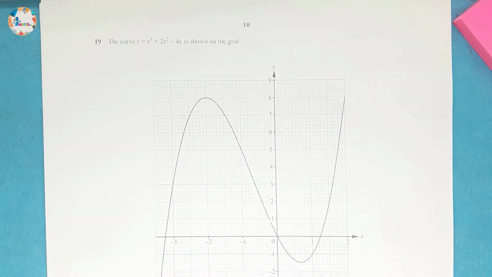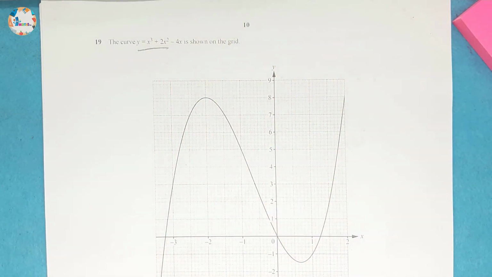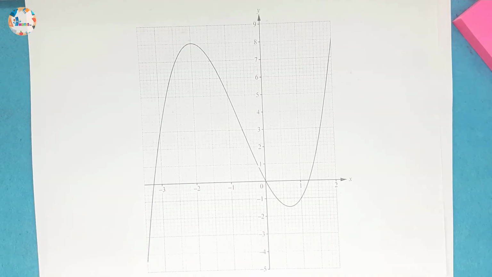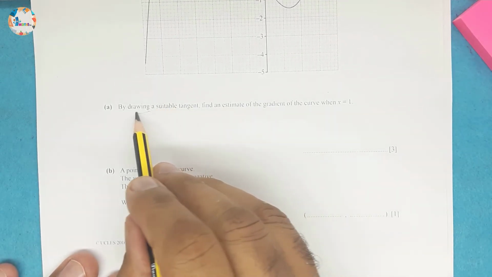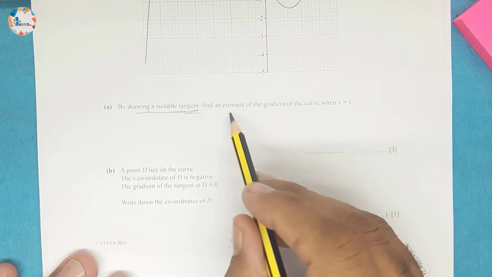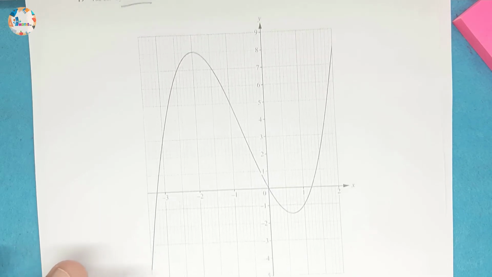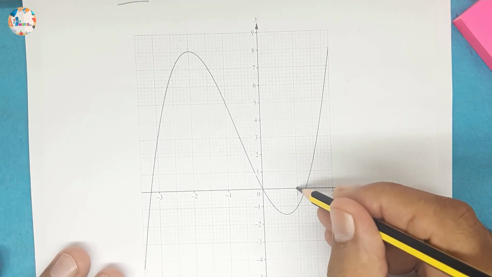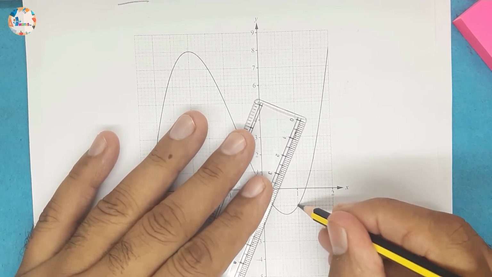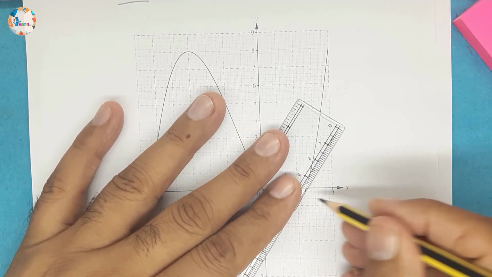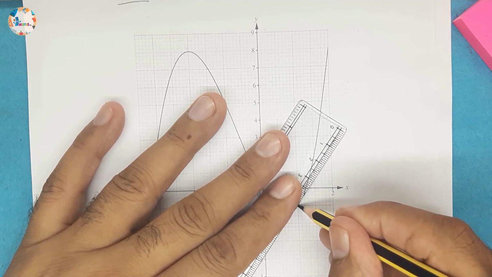Then question number 19, the curve is shown on the grid. By drawing a suitable tangent, find an estimate for the gradient of the curve when x is equal to 1. x is equal to 1 is this point basically. So x is equal to 1 on the curve will be this point, and we have to draw a suitable tangent.